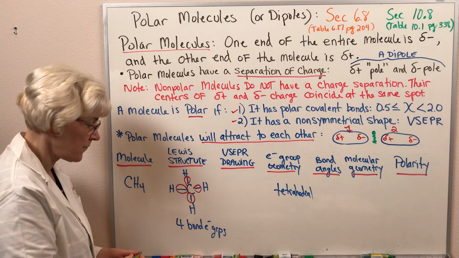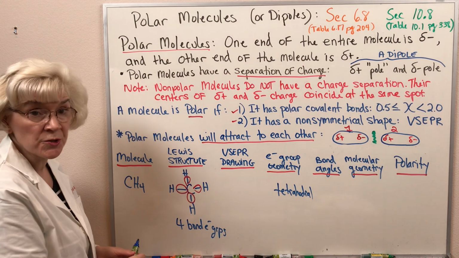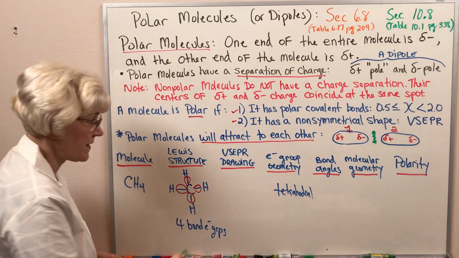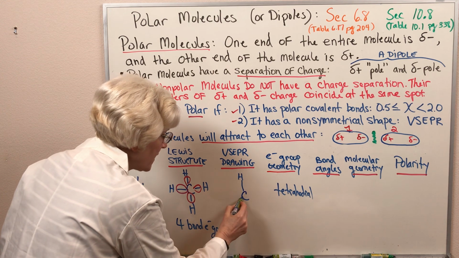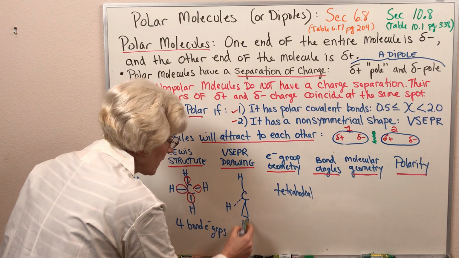So if we have 4 electron groups around a central atom, the geometry is tetrahedral, and we can redraw methane showing what its shape actually looks like.